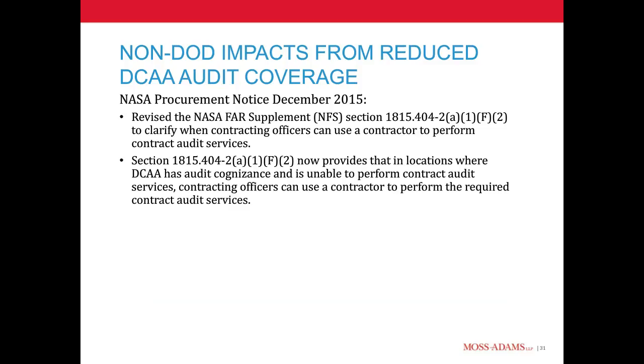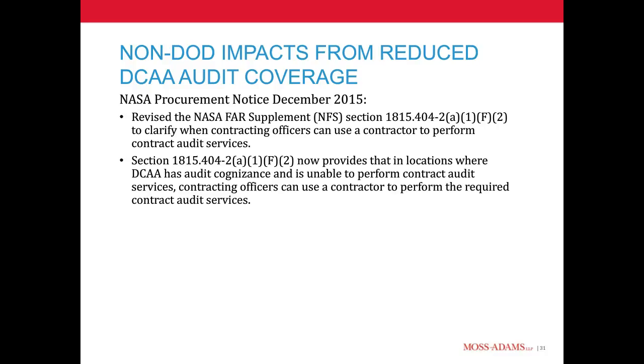Next, we wanted to discuss the NASA procurement notice of December 2015. So this came very quickly after the NDAA, excuse me, was passed in November of 2015. NASA issued a procurement notice, and it revised the FAR supplement, Section 1815, to clarify when contracting officers can use a contractor.